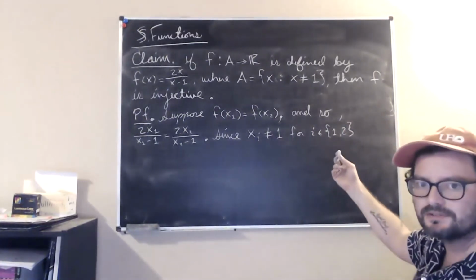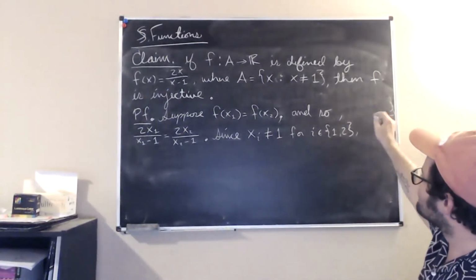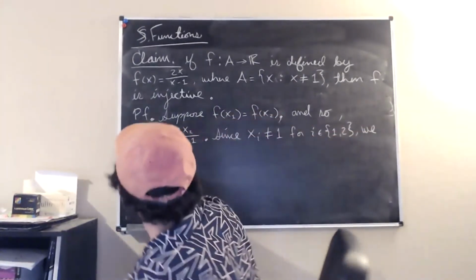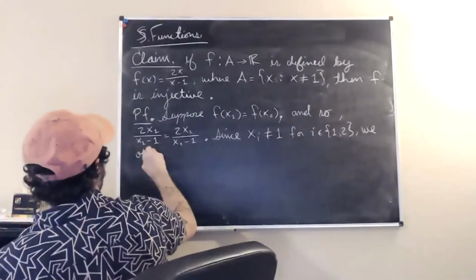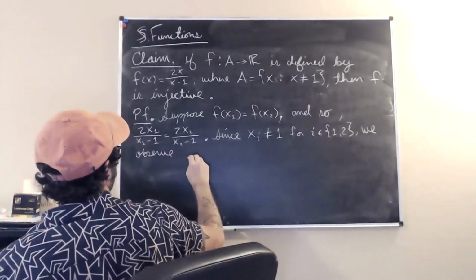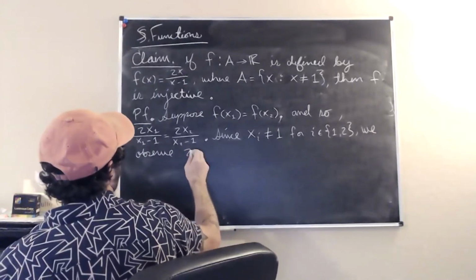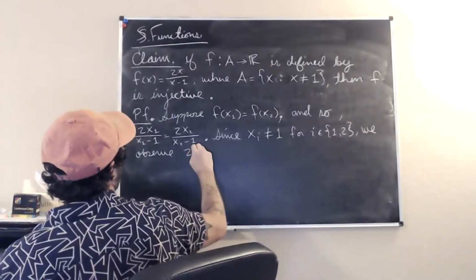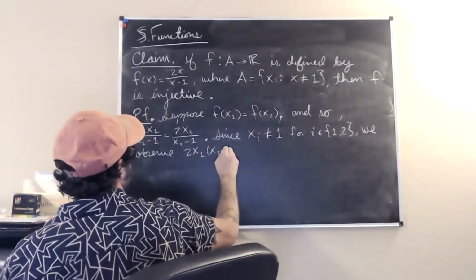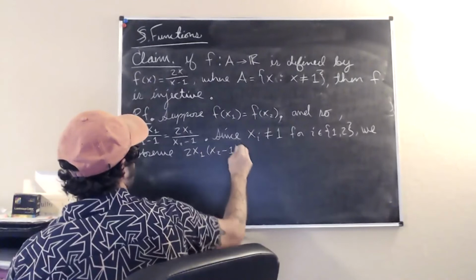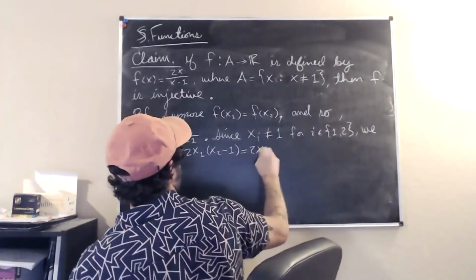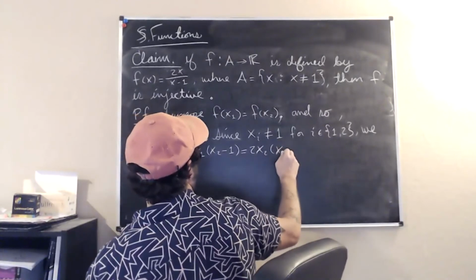Hopefully that makes a little bit of sense. So since that, we observe that 2x1 times (x2 minus 1) is equal to 2x2 times (x1 minus 1).